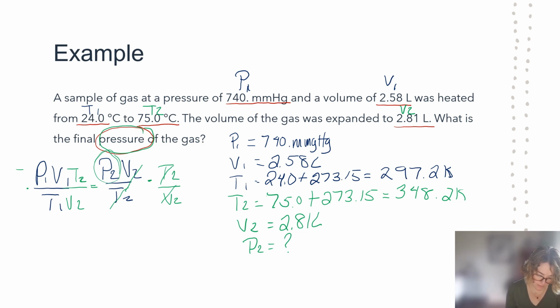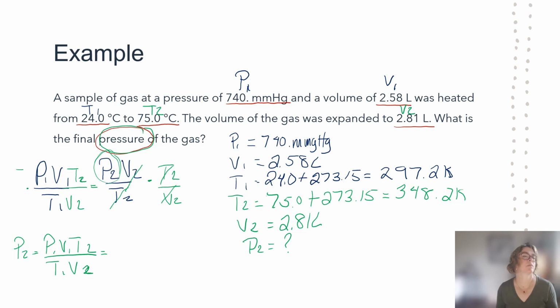So I know then that P2 is equal to P1 V1 T2 over T1 V2. Okay, so now it's a matter of taking my variables and plugging them in.